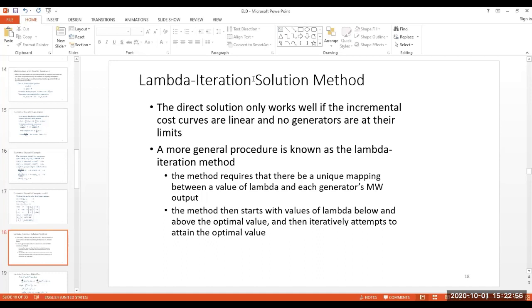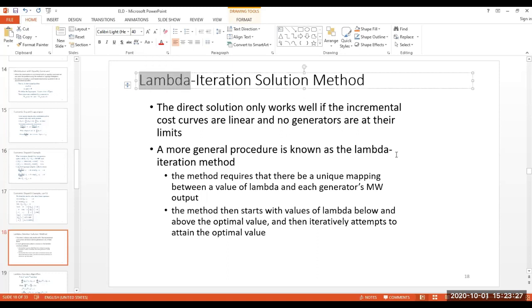It is an iterative technique of solving the economic dispatch problem, and we are going to iterate for the values of lambda. We are going to update the lambda value, and like any other iterative technique, we are going to look for some convergence. We define some error function, and with the updating of the lambda value, we find some diminishing or converging value of the error.